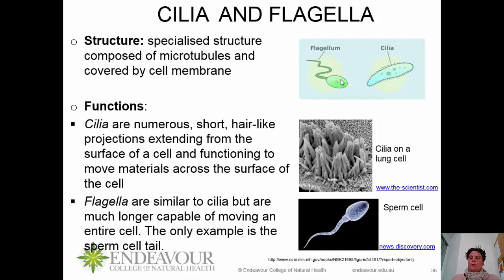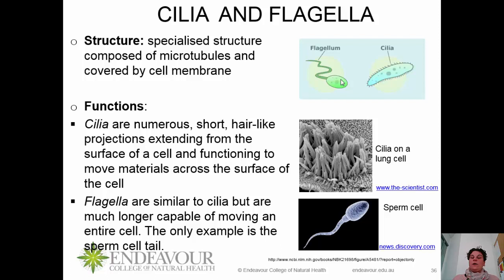Now, we already talked about this a little bit when we were talking about the cells that line your gut, okay? We talked about these protrusions that you can see on some cells. These protrusions are called cilia, okay?